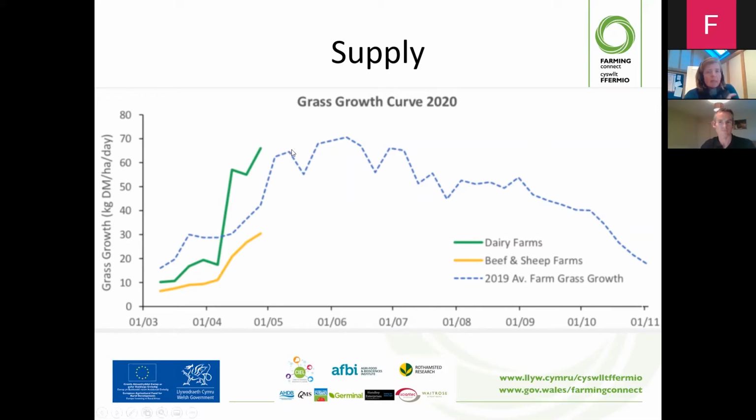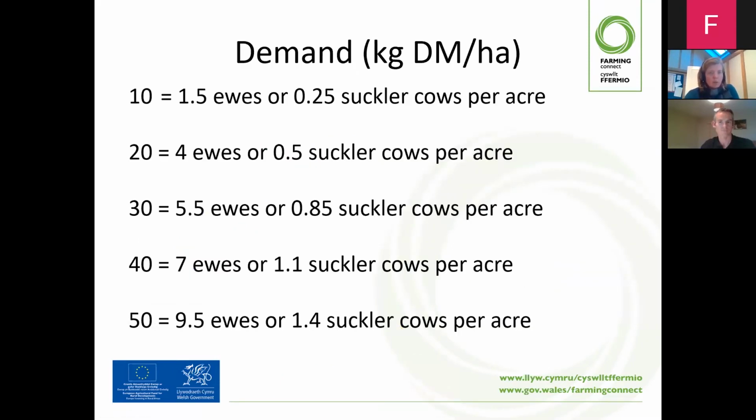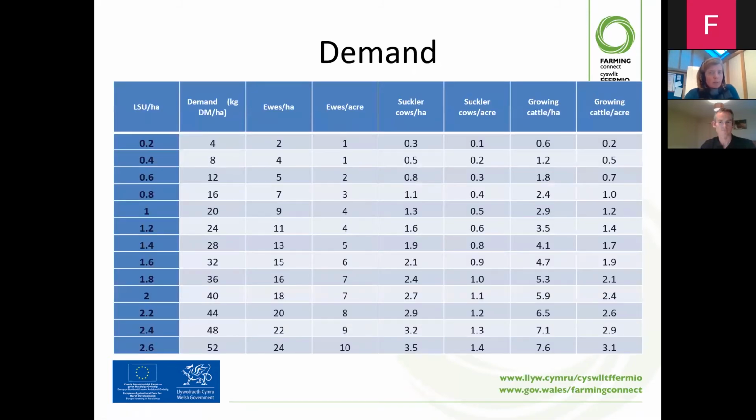So thinking about what is being supplied by the grass, and then also what is the demand from those animals, this next slide is something to look at in more detail once you get a copy of the presentation. It basically goes through the same principle, and it was developed because I got bored of trying to answer questions about livestock units per hectare, demand, use per hectare, use per acre, so this combines it into one table.